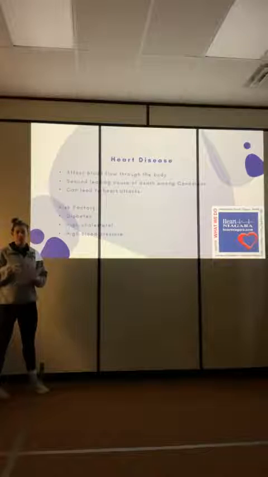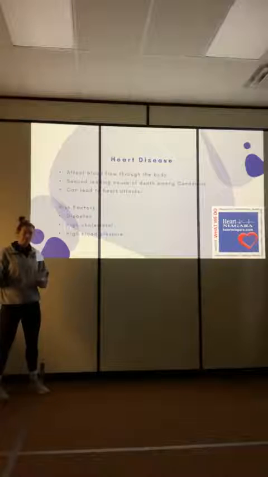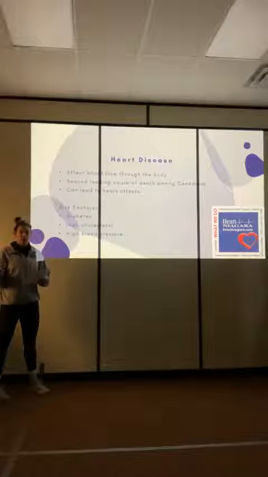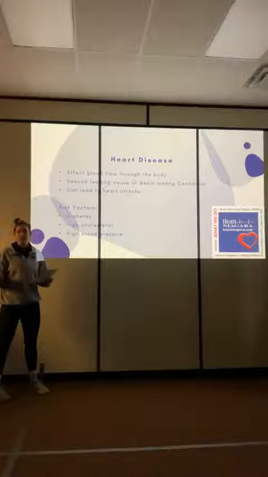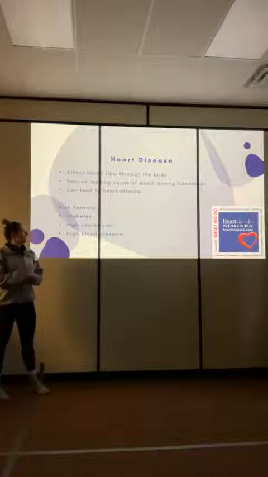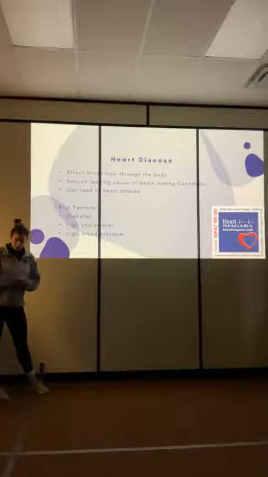It's caused by a restriction of coronary arteries. Coronary arteries wrap around the outside of your heart and supply blood and oxygen to your heart. Your heart needs constant oxygen to survive and function properly in the body. Heart disease is the 2nd leading cause of death among Canadians.